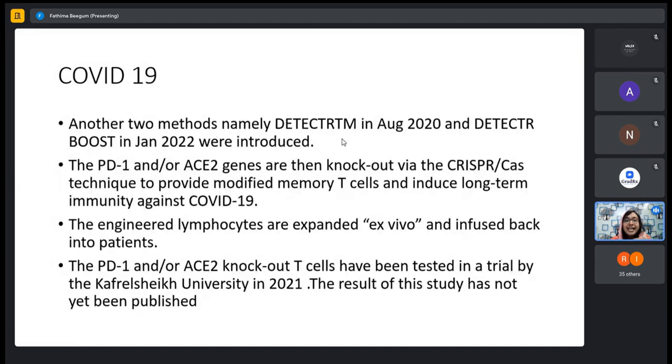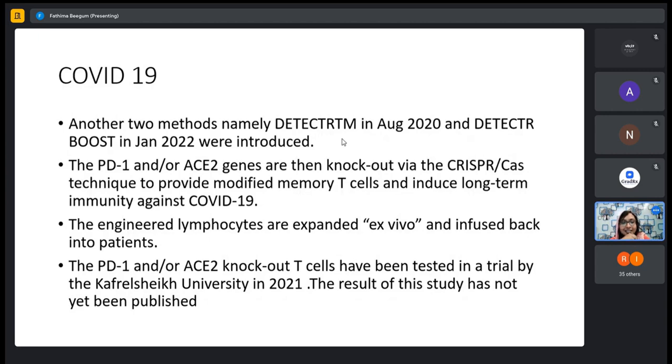Then there is PD1 and angiotensin converting enzyme 2 gene knockout. The CRISPR-Cas technique is used to produce knockouts to provide long-term immunity against COVID-19. These engineered lymphocytes are expanded ex vivo and infused back into patients.